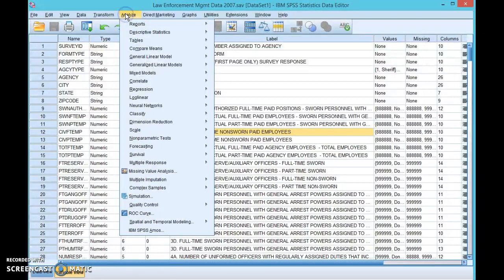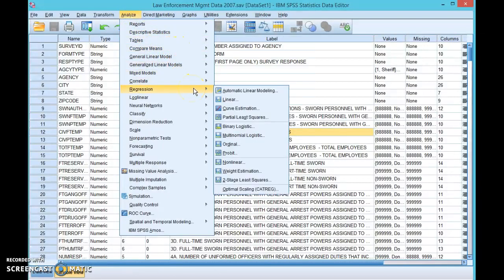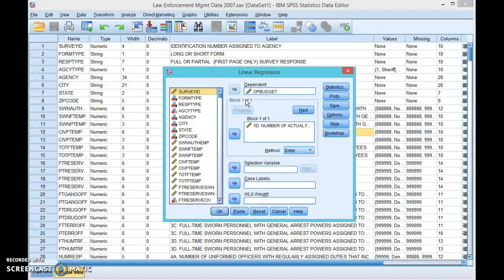The way we run a regression is we go to the Analyze menu, and then we go to Regression, and we select Linear. Once you get into this menu, you can put in your variables. We're going to select from this data set a variable called OpBudget and put that in the dependent box. And then in the next box, we're going to put how many full-time paid employees you have.